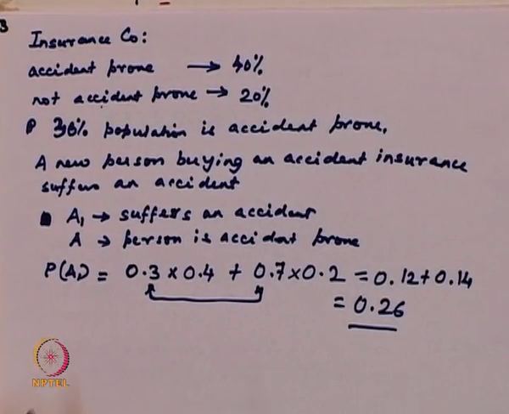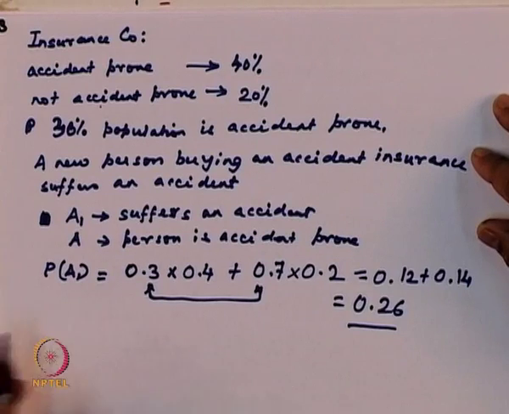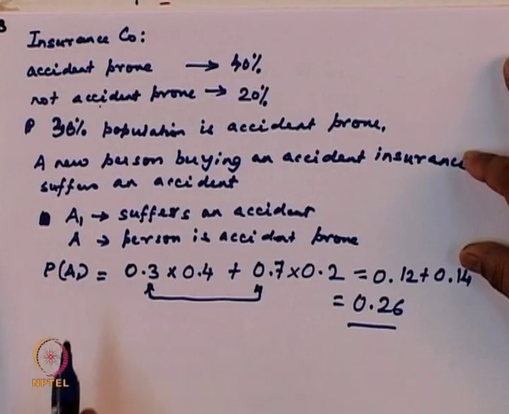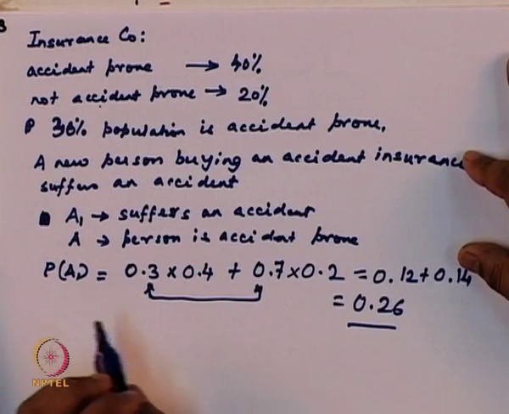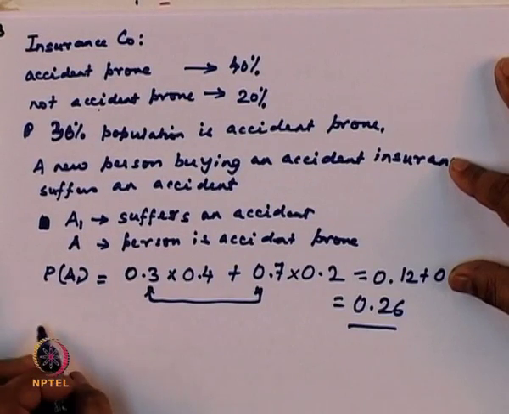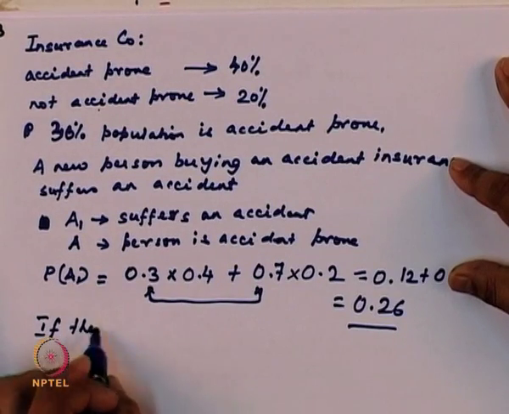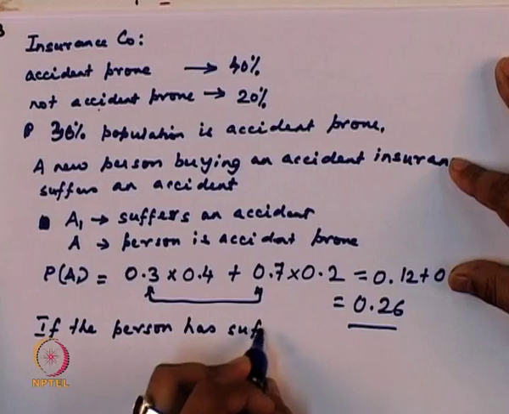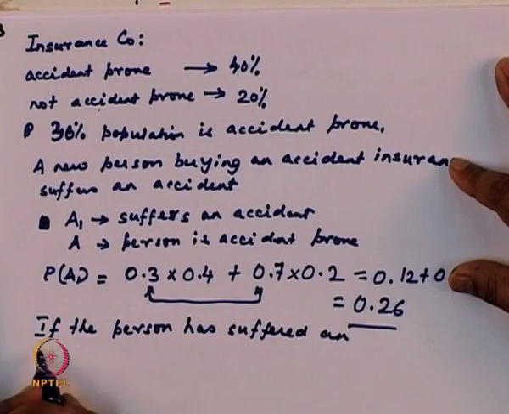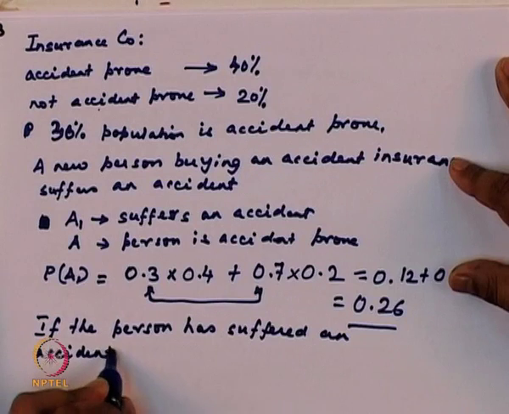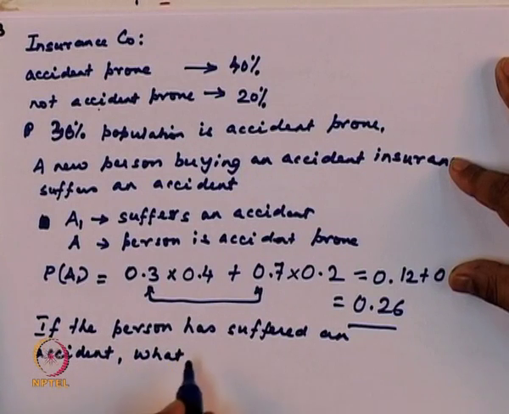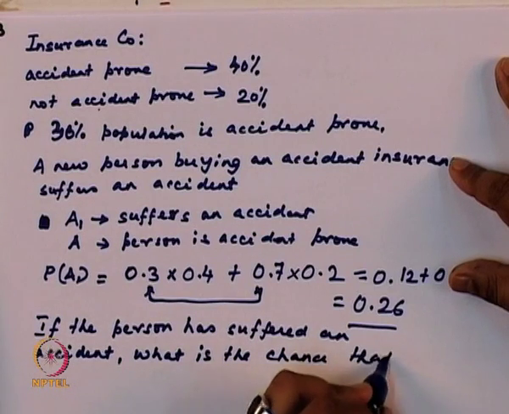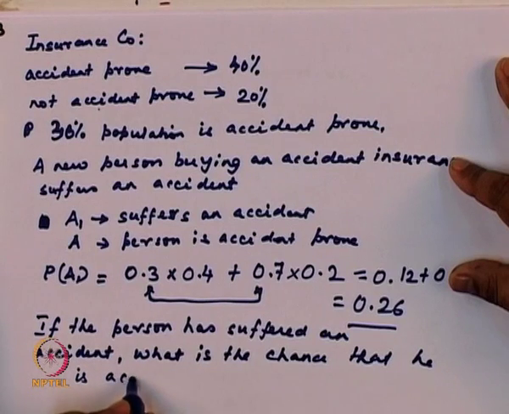Let me modify this question and ask that if the accident has already happened, if the person has suffered an accident, what is the chance that he is accident prone?